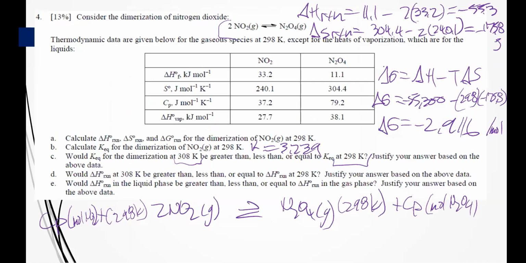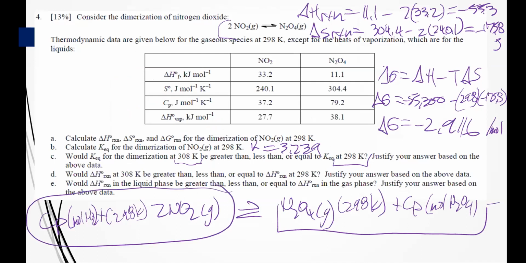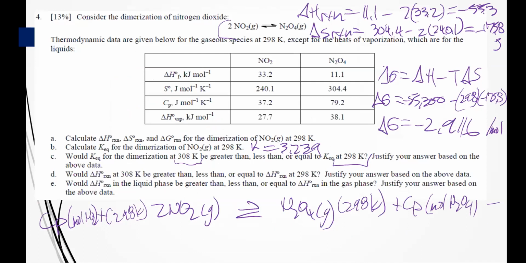Because if we look at that delta H, it should be all of this minus this. So everything stays the same in that first part. So we're really comparing the CP of the N2O4 minus 2 times the CP of the NO2.